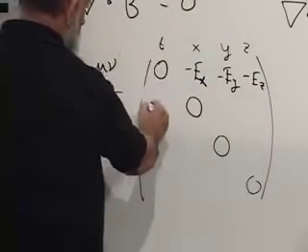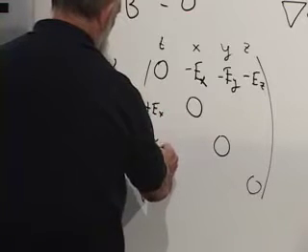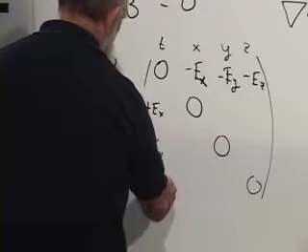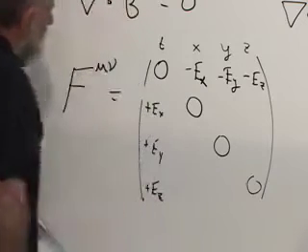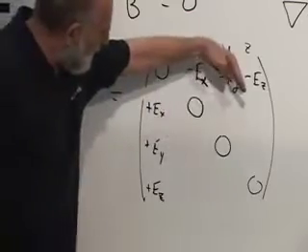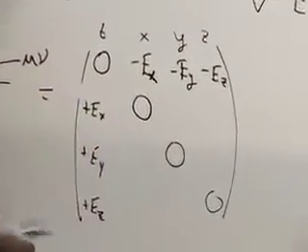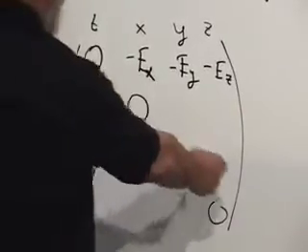And down here, we have plus E sub x, plus E sub y, and plus E sub z. An antisymmetric matrix always has the property that what's above the diagonal is the negative of what's below the diagonal.